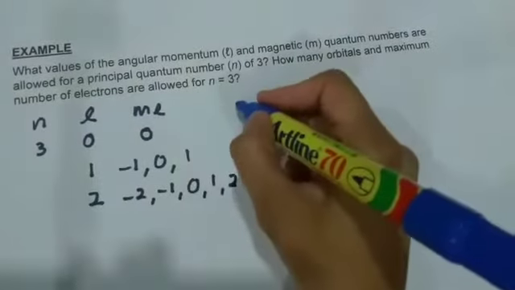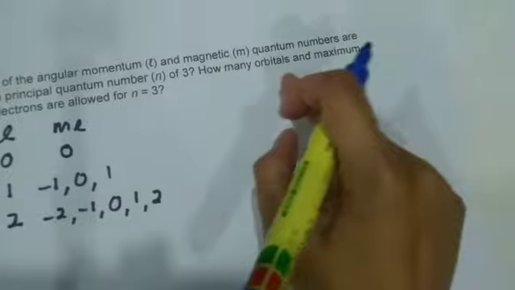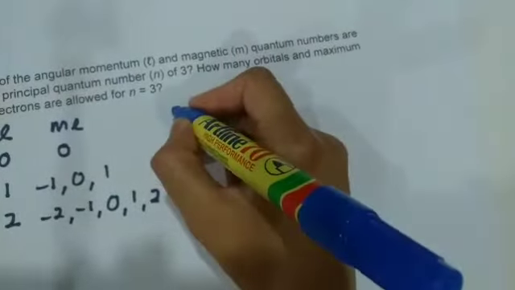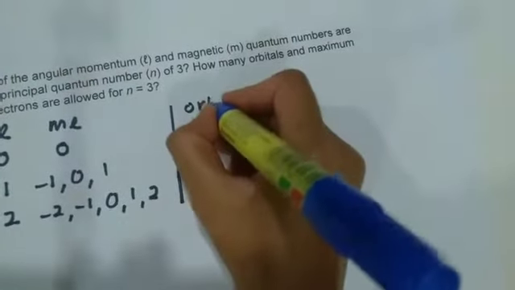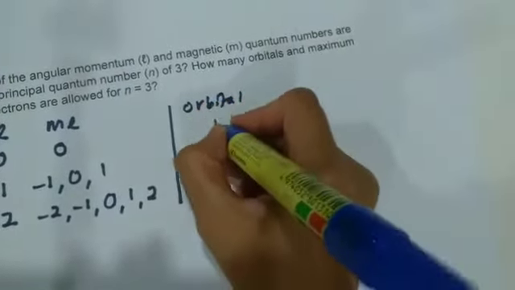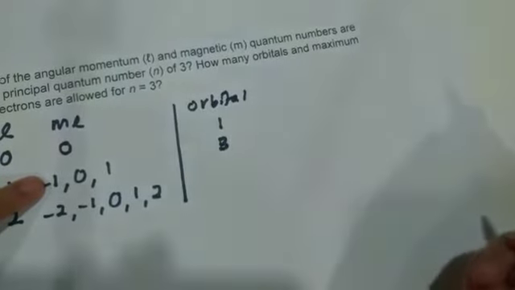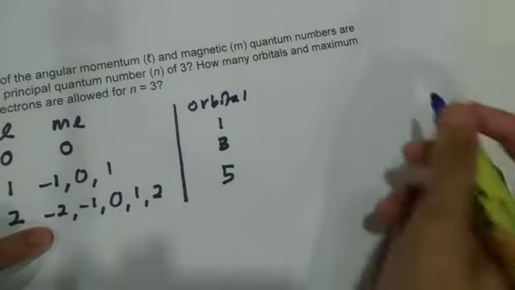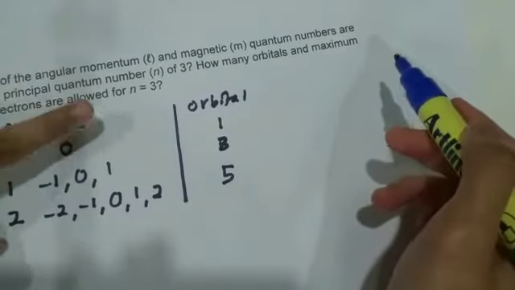The question also asks how many orbitals. For l is 0 we have one orbital, because there is only 0. For l is 1 we have 3 orbitals, and for l is 2 we have 5 orbitals. And how many maximum electrons are allowed for n equal to 3?